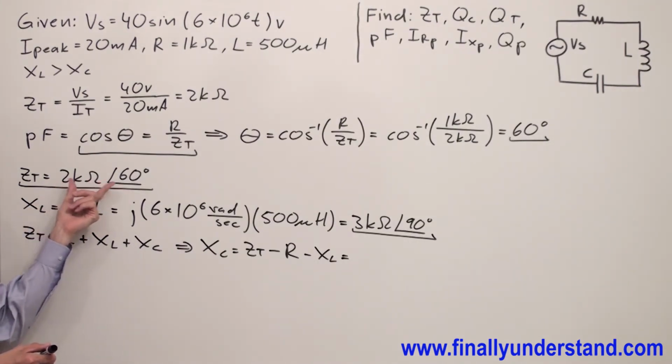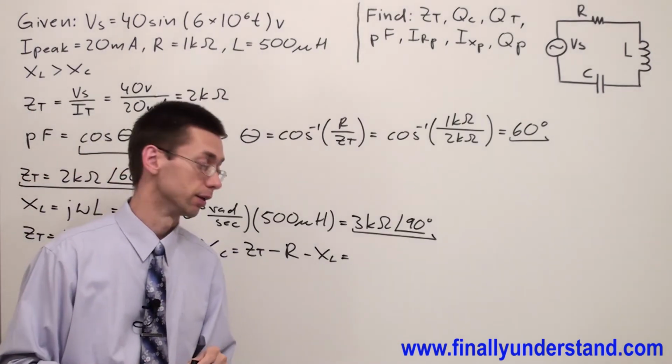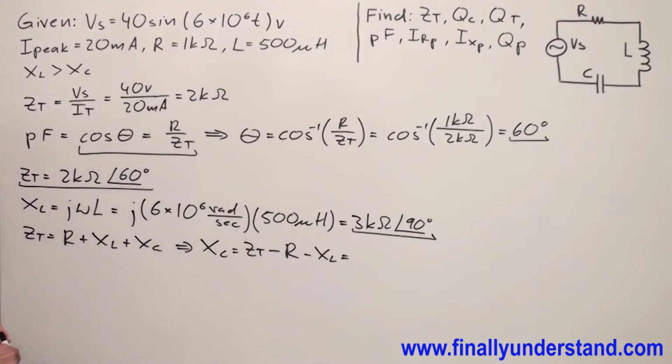If Z total didn't have an angle, I would have to use the Pythagorean theorem. But at this moment, we can use this formula.